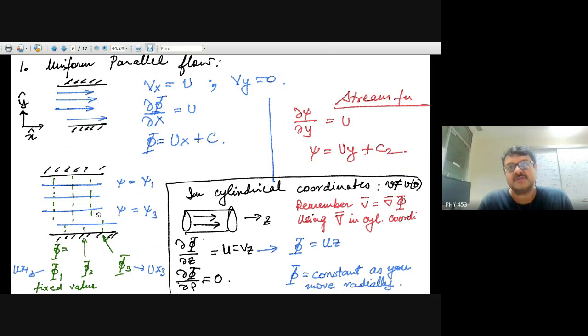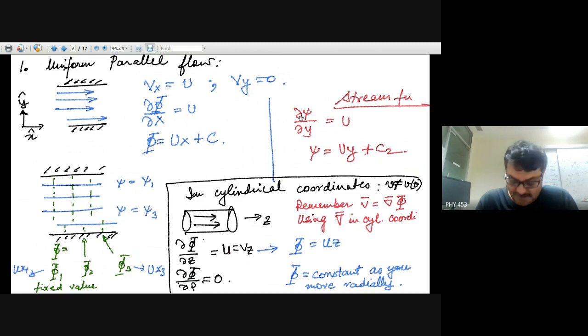Just so that you don't confuse, there was also the stream function, when divergence of u was equal to 0. That stream function essentially came from divergence u equal to 0. Remember, del psi del y was equal to u, whereas here del phi del x is equal to u.